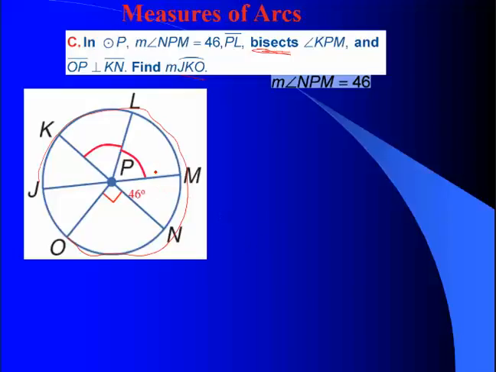So, a couple ways we could do this. We could find all the missing pieces and add them up. Okay, so I know that these two are equal to each other. These three are going to equal 180 degrees.